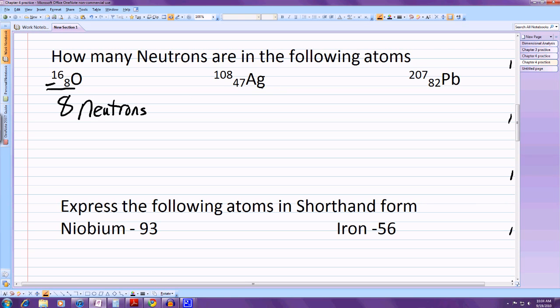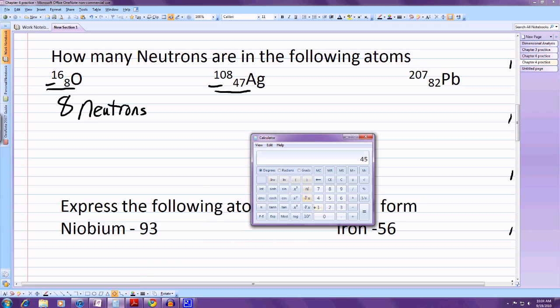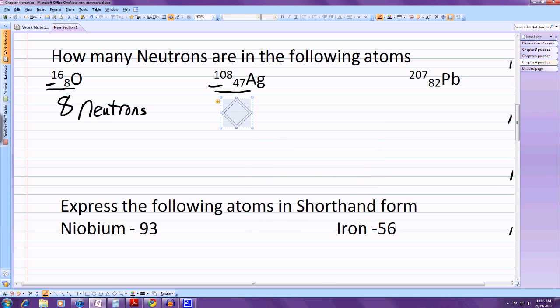Alright, we've got Ag here, which is silver. 108 minus 47. Maybe we need a calculator for that, so let's go ahead and do that. 108 minus 47, and that gives us 61. So 61 neutrons in silver.